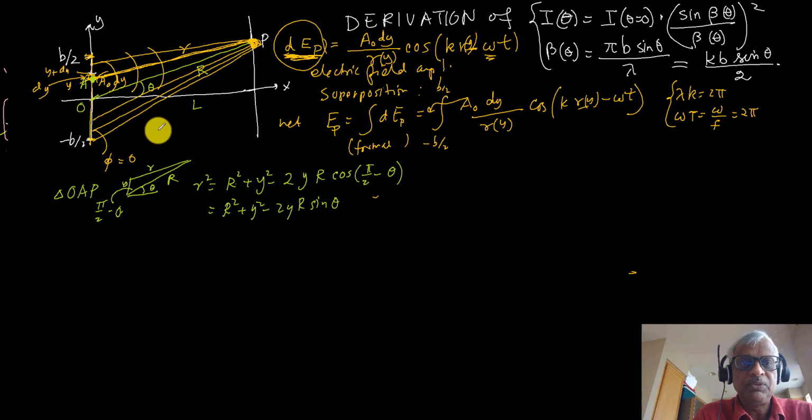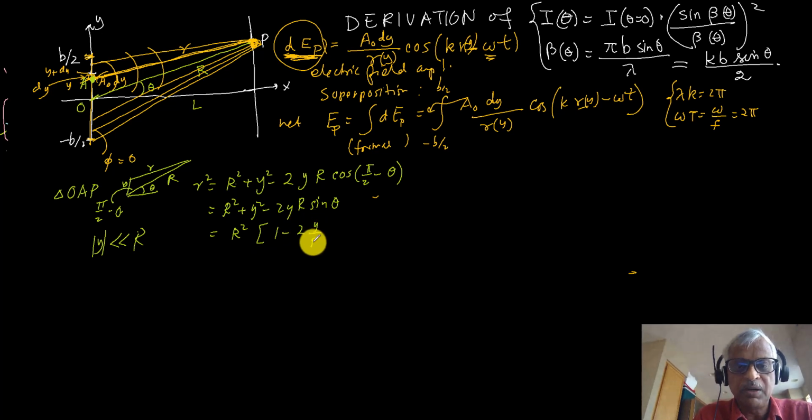And you can see this y is much less than R. This slit is very narrow compared to the distance to the screen. So if I pull this R squared out, I'm going to get 1 minus 2y over R sine theta plus y squared over R squared.